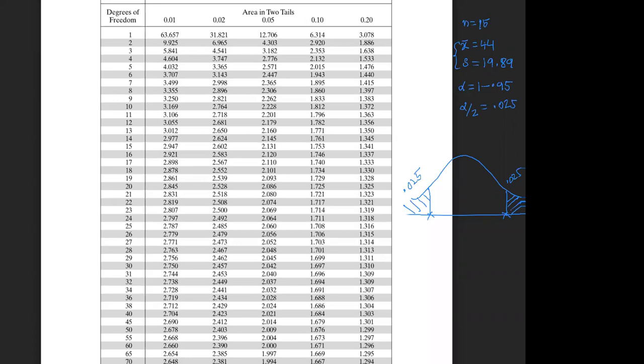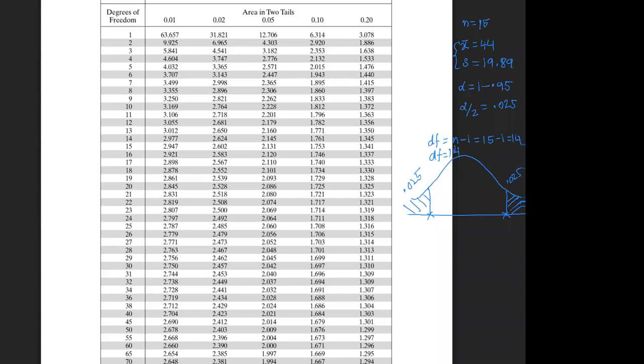Area to the right is 0.025 and area to the left is 0.025. Now we need to find these values. To find the area, we need the degrees of freedom, which is n minus 1, the sample size minus 1. So it's 15 minus 1 is 14. So your degrees of freedom, df, is equal to 14.